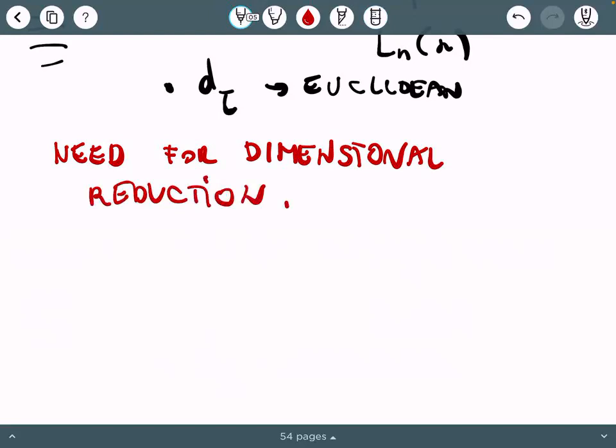We already discussed. There's no hope to deal with the data set in 3n dimensions. This is by far too complicated, and it's impossible to have statistics for it. So we need to find a way to deal with this in an appropriate way.